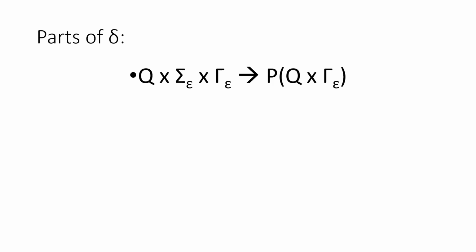Let's go ahead and talk about the parts of delta, the transition function, and break it down. The function is Q cross sigma epsilon cross gamma epsilon to power set of Q cross gamma epsilon. Q on the left-hand side indicates the pushdown automata's current state.